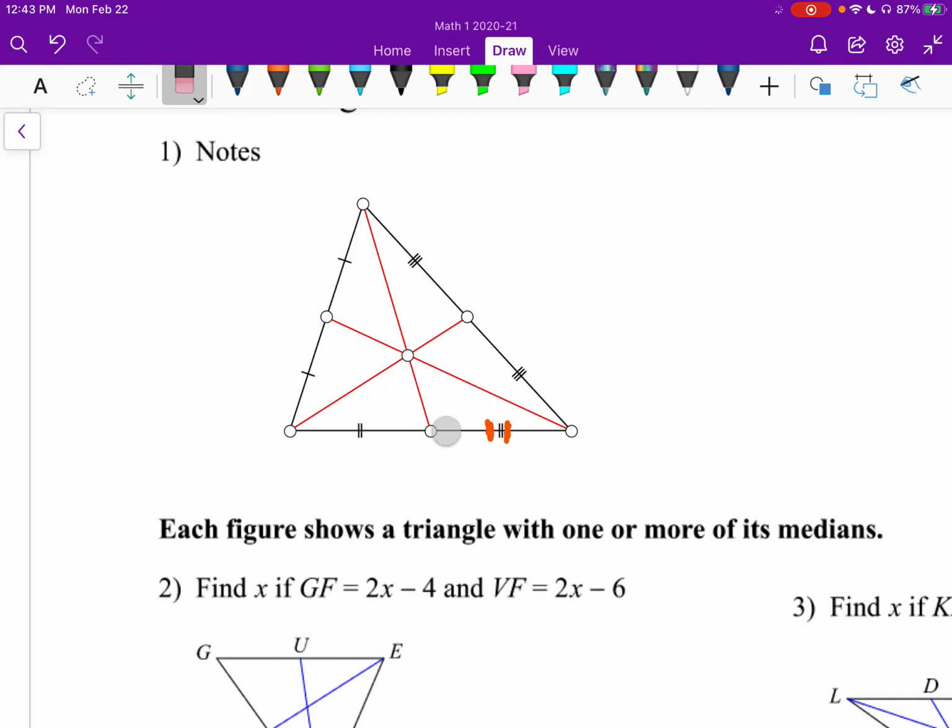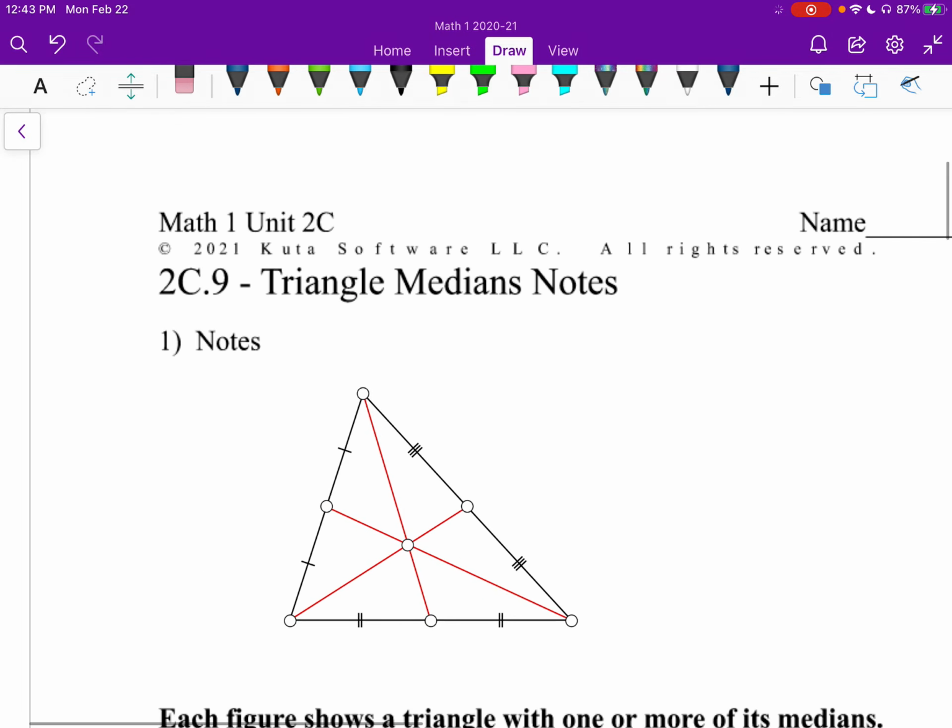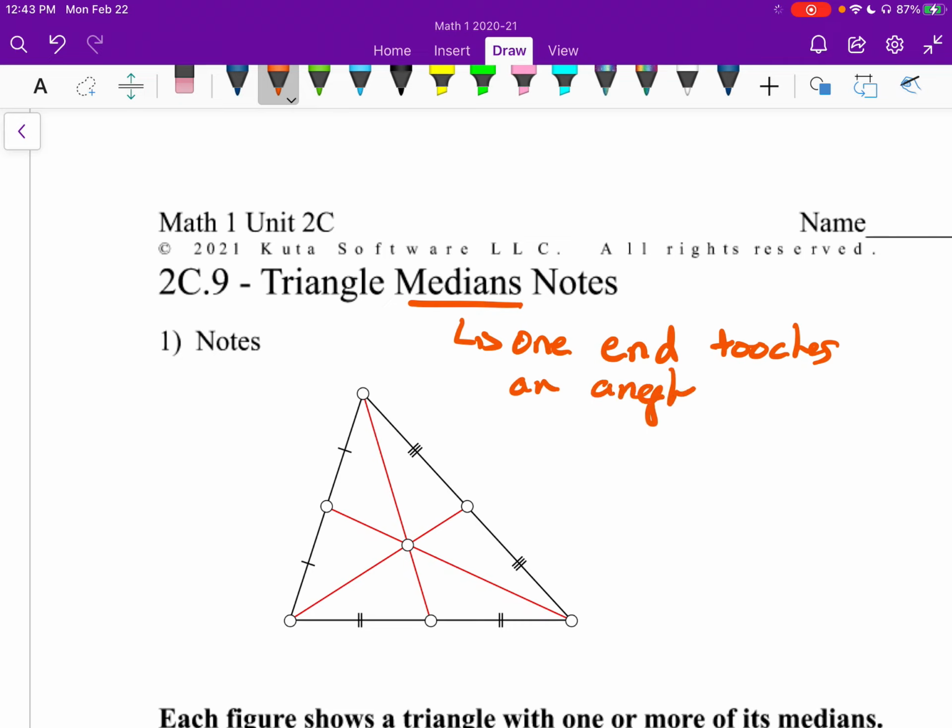So some things to know. A triangle median, the endpoints, we'll say one end comes out of the angle, one end touches an angle, or we could say vertex.